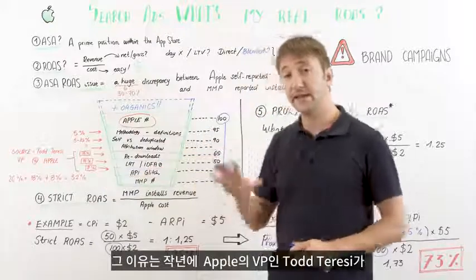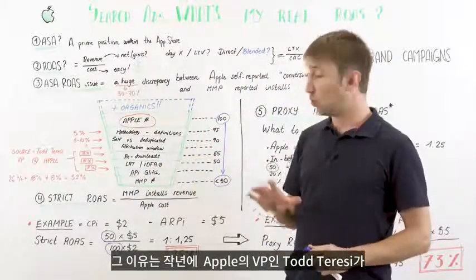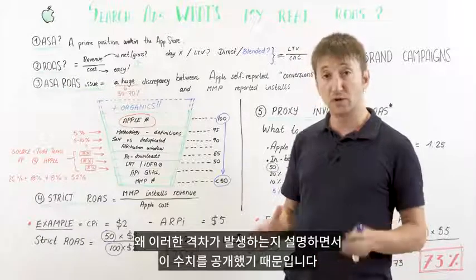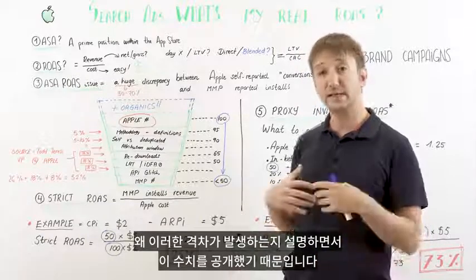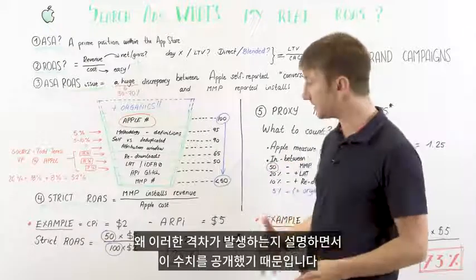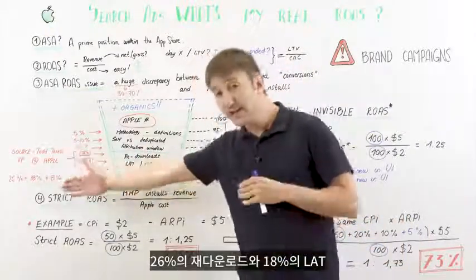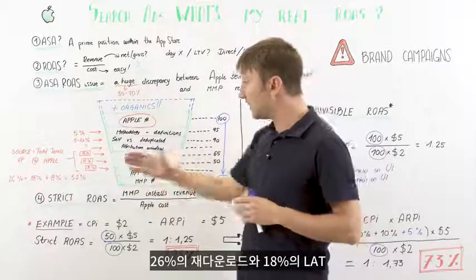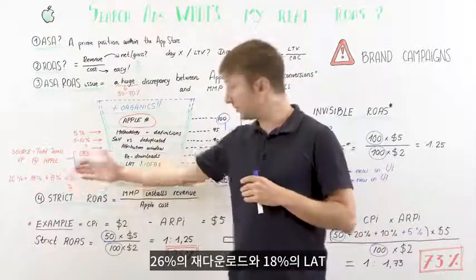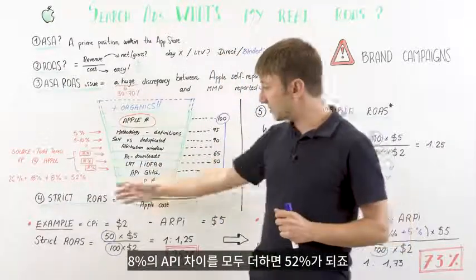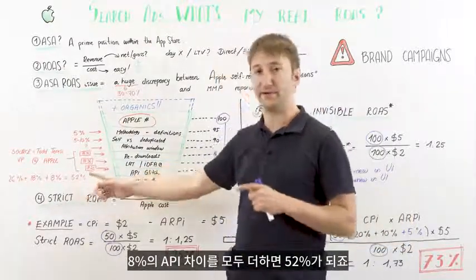The reason for that is that last year, a VP of Apple called Todd Teresi disclosed the numbers they see across the board to explain to everyone why this discrepancy exists, and these are the values he shared publicly. If we add the 26% of re-downloads and the 18% of LAT users to the 8% of this API difference, this amounts to 52% of difference.